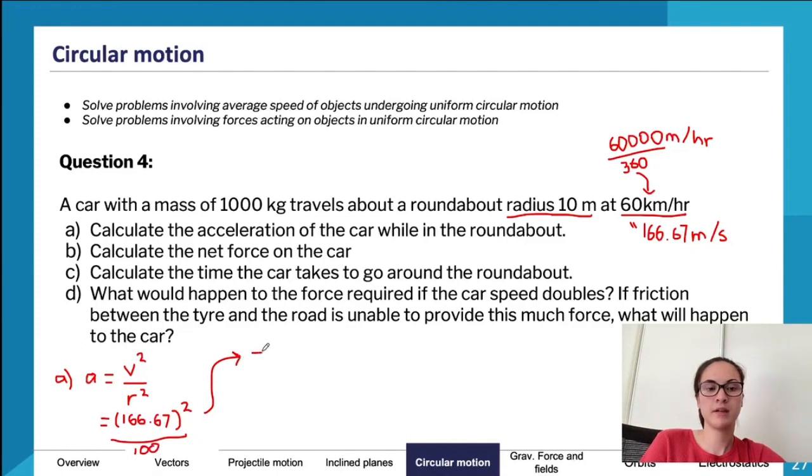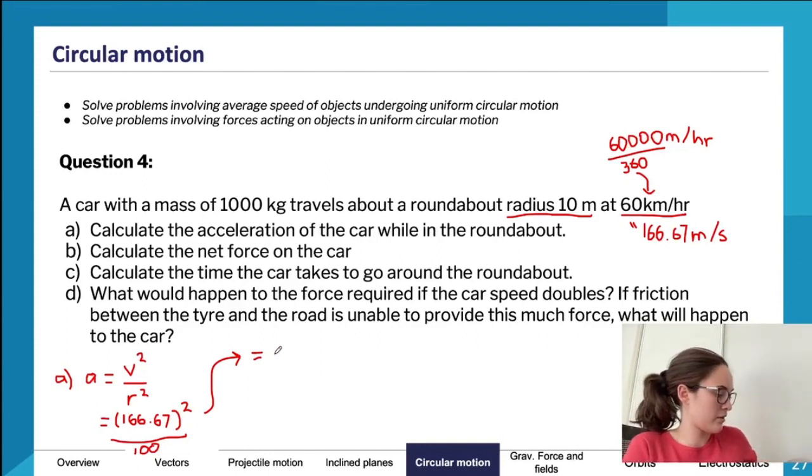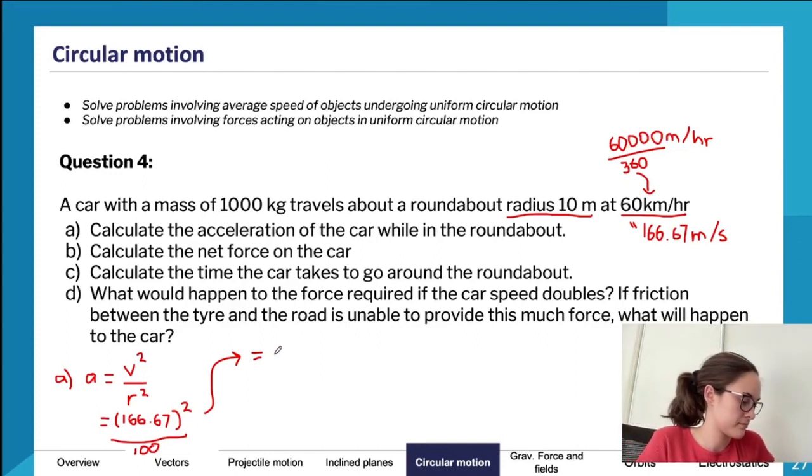So that's going to be, put in the calculator, 27.79 meters per second squared.